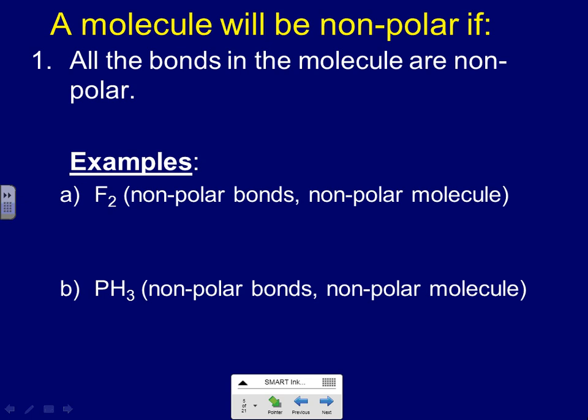We'll do that when we get analyzing some of the others. But F2, right, and I can draw it out. It's not a big deal. If you were going to analyze this, you might do something like this. You're going to look at that. You're going to say delta En is equal to 0, therefore nonpolar bonds, and therefore it's a nonpolar molecule. All right?